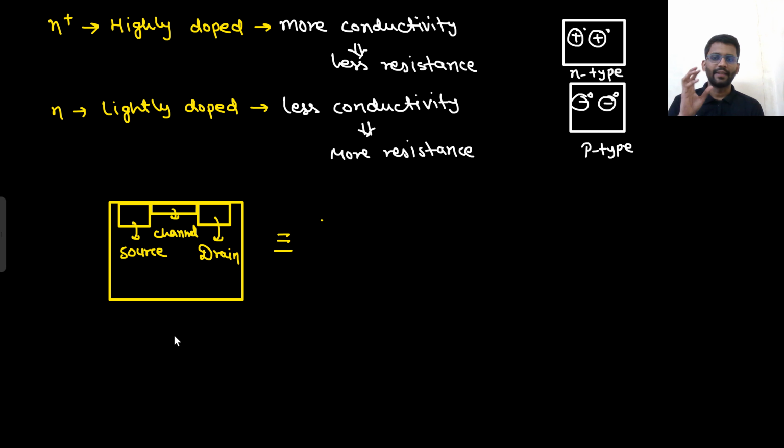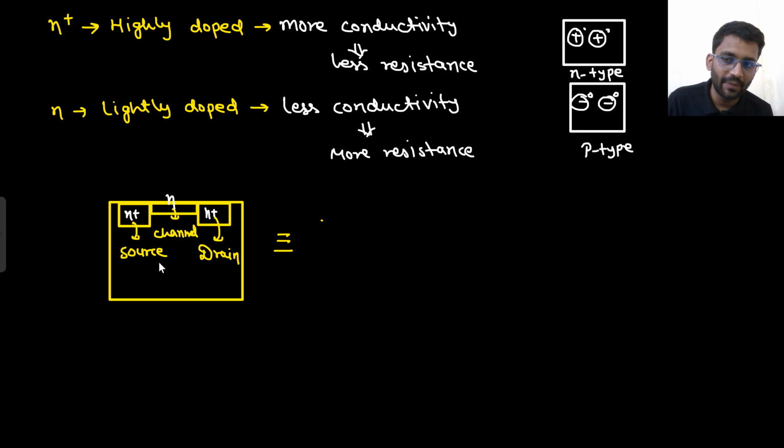So if this is my source, this is my drain, this is my channel, this is N plus, this is also N plus, and this is N, then this particular region has more resistance, and the N plus regions have lesser resistance.